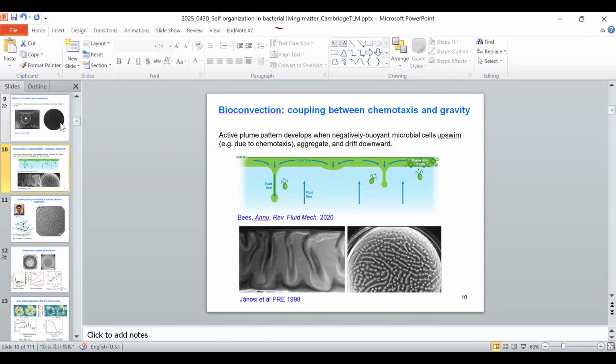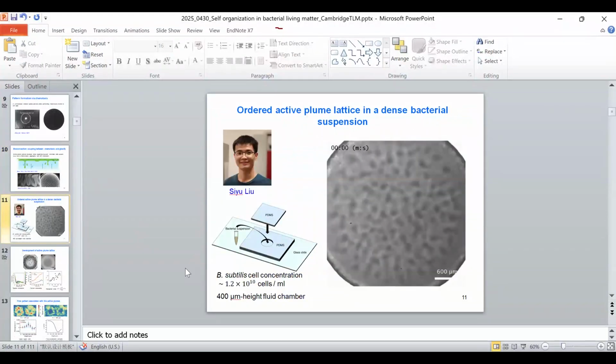Yeah. So the bacterial species we use here is called B. subtilis, and B. subtilis is strictly aerobic, meaning they like to stay in an environment ample in oxygen.